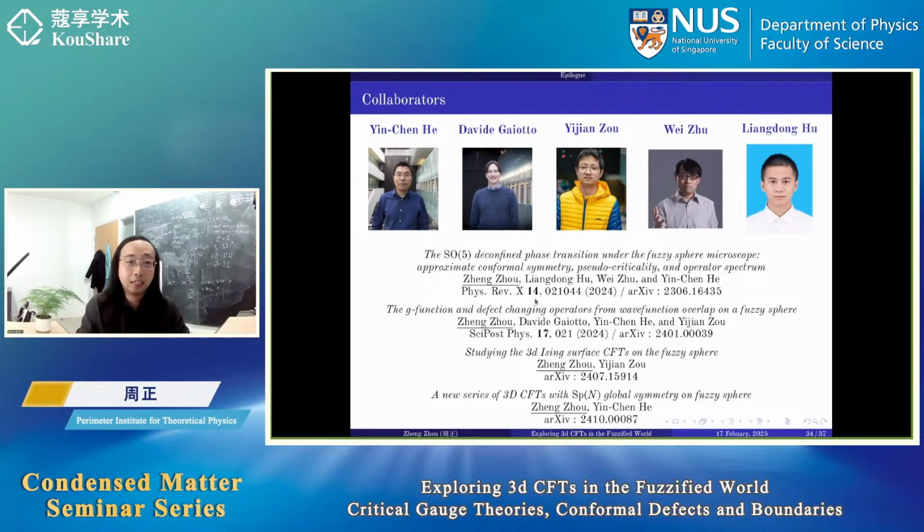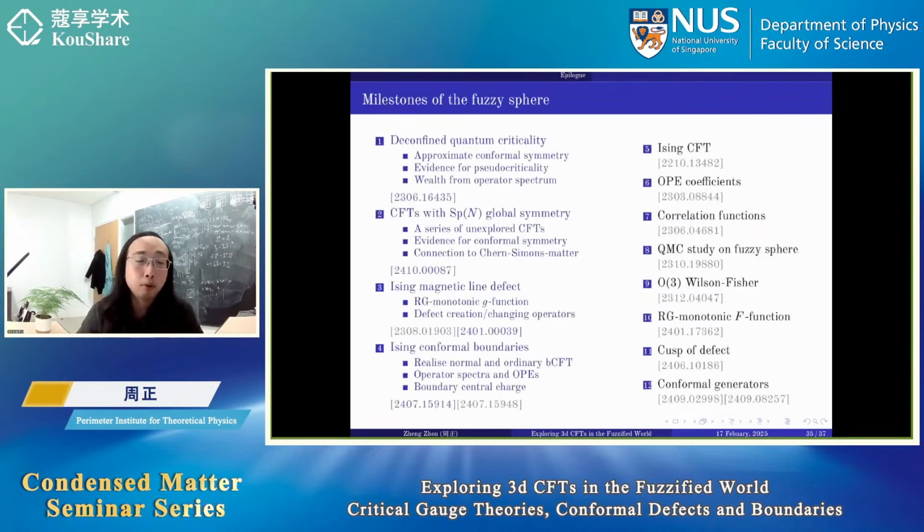As a concluding remark, since the proposal of the fuzzy sphere, the study of 3D CFT has been revolutionized. Many theories that people could not study before, now people have proper tools for. Many quantities that people could not calculate before, they can now calculate.